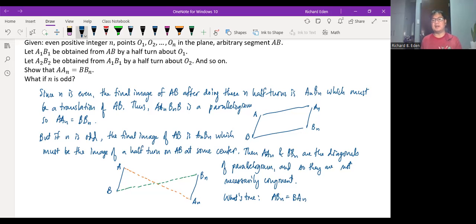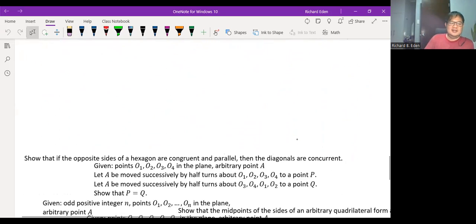So those two are the same, but not A sub n and B sub n. All right? Okay. What's the next one?